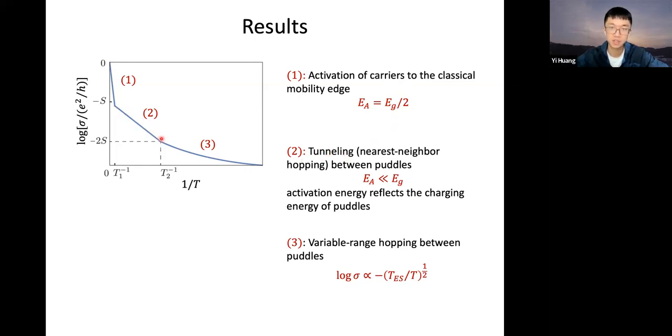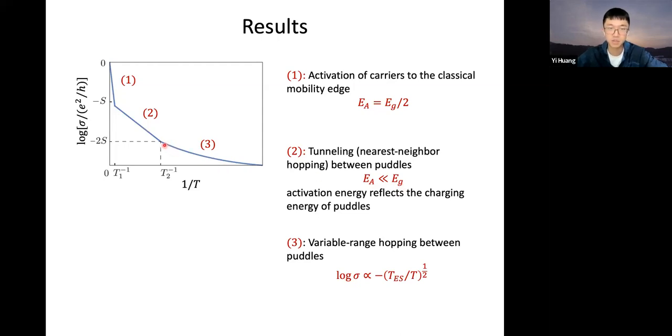Once you lower the temperature, you go to a second regime where the conduction mechanism is determined by tunneling between nearest neighbor puddles. This activation energy is related to the charging energy of one puddle. Later I will show you that because these puddles have relatively large capacitance, the charging energy of puddles is small in this intermediate regime. This means the observed activation energy should be much smaller than the band gap.